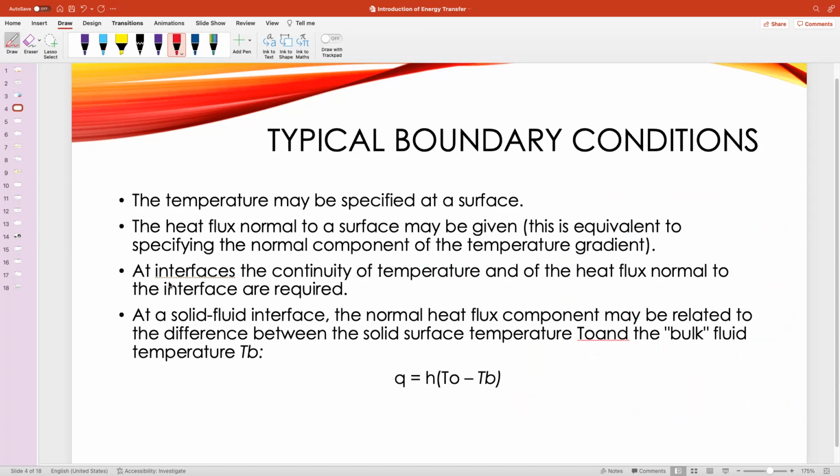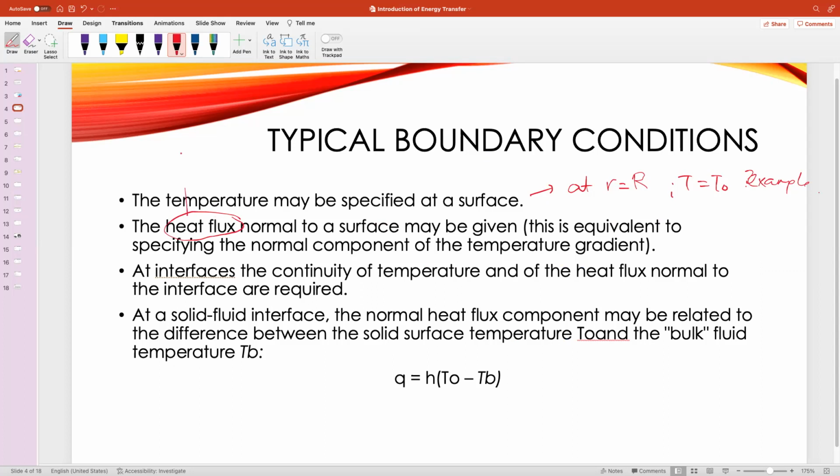And then the typical boundary conditions are also similar to those for momentum flux. Sometimes the temperature may be specified at some surface, for example at r equal to R the temperature is defined. Or sometimes a typical boundary condition that you will see in examples is the heat flux, called q.